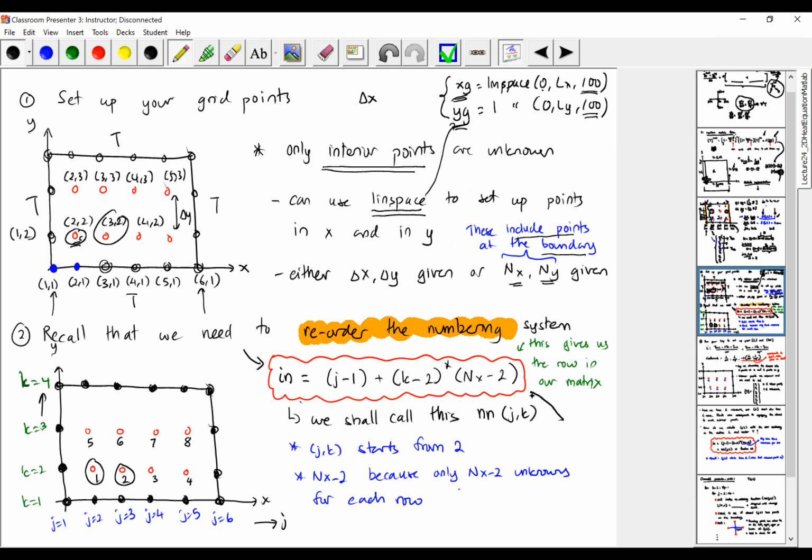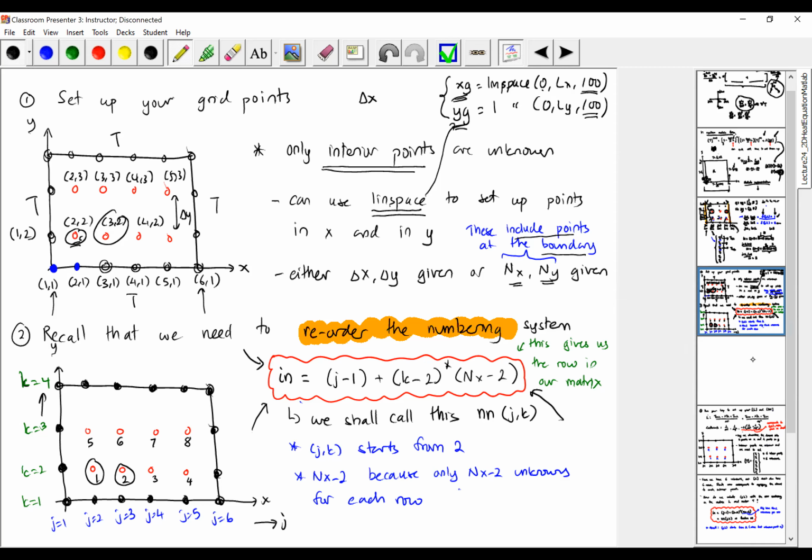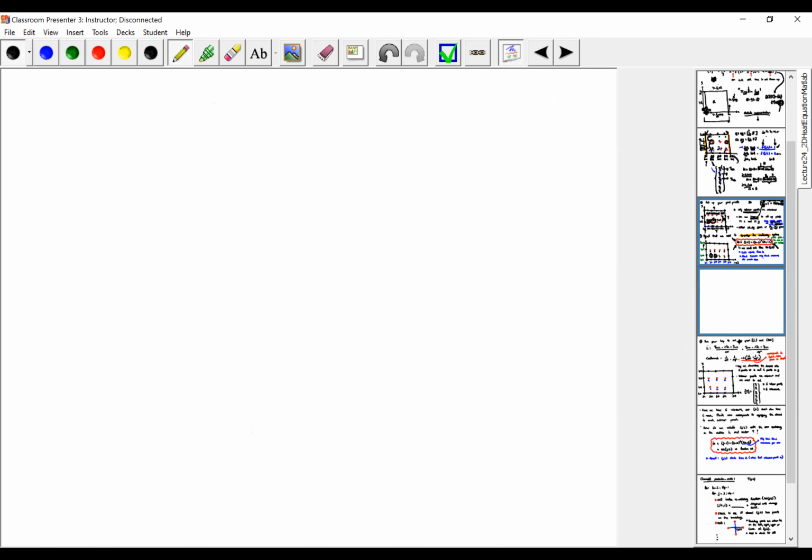So the purpose of this numbering is so that we can convert the grid points j and k into 1 and 2. Why do we actually need this? Because when you want to write your code to set up the Laplacian matrix, you are going to loop, for example, from k equals something, for j equals something.